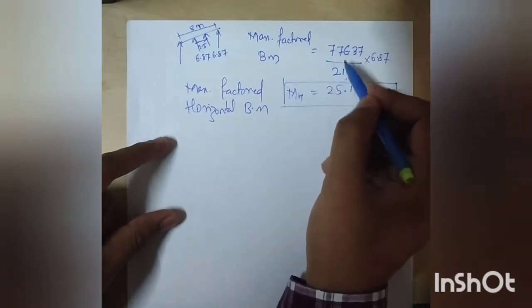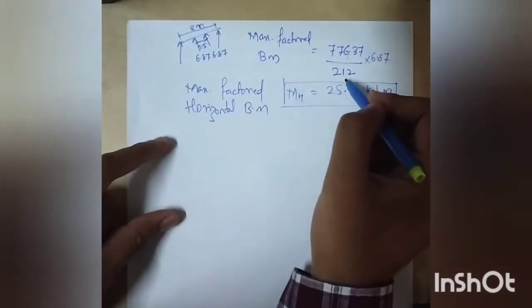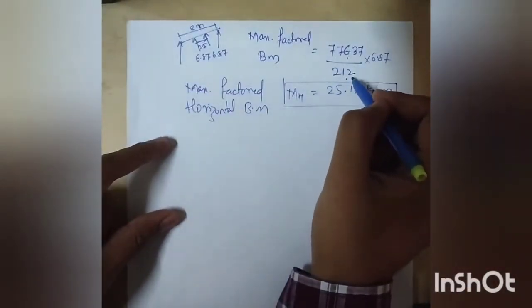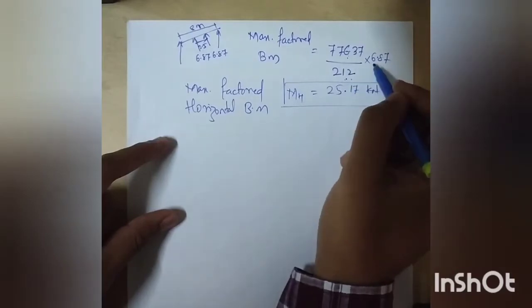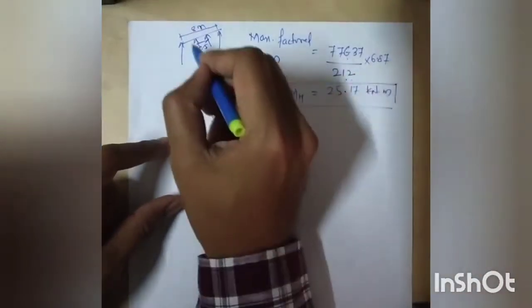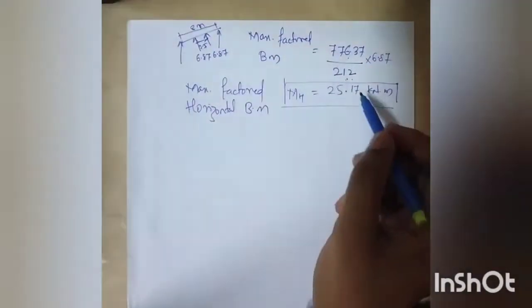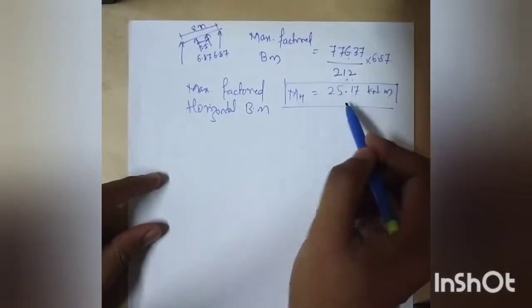So we have divided this bending moment by the vertical point loads, which gives the bending moment per unit load. That is again multiplied by 6.87, the horizontal loads for the same location. So we will be getting the maximum factored horizontal bending moment.